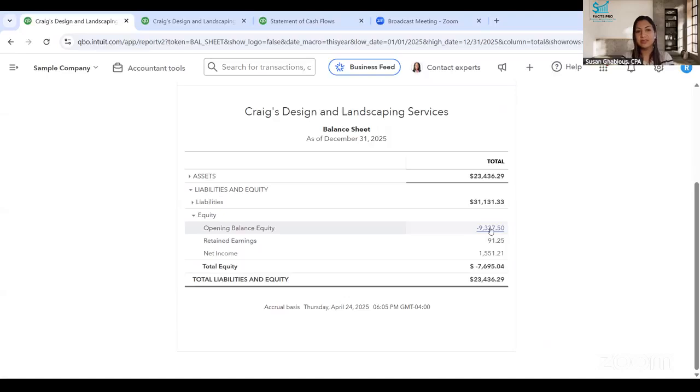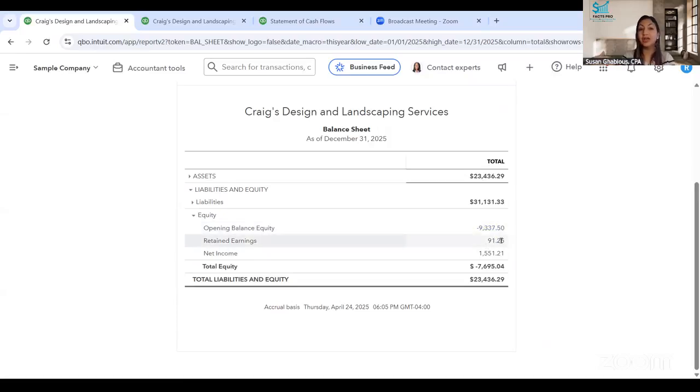You wouldn't see this in clean financial statements, but yeah, we'll definitely have to clean this, but that most likely would have been distributions, shareholder distributions, or would be a reduction of your retained earnings.